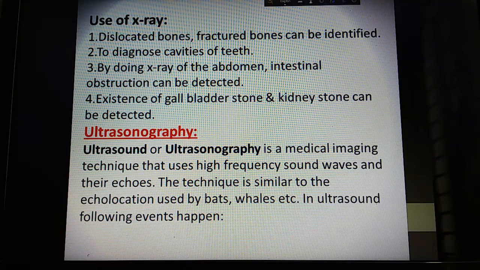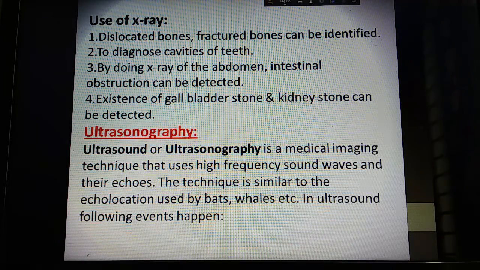Ultrasound or ultrasonography is a medical imaging technique. First of all, we want to know about ultrasonography. This is a medical imaging technique that uses high frequency sound waves. From the name ultrasound, we can guess what happens here: high frequency sound waves and their echoes.